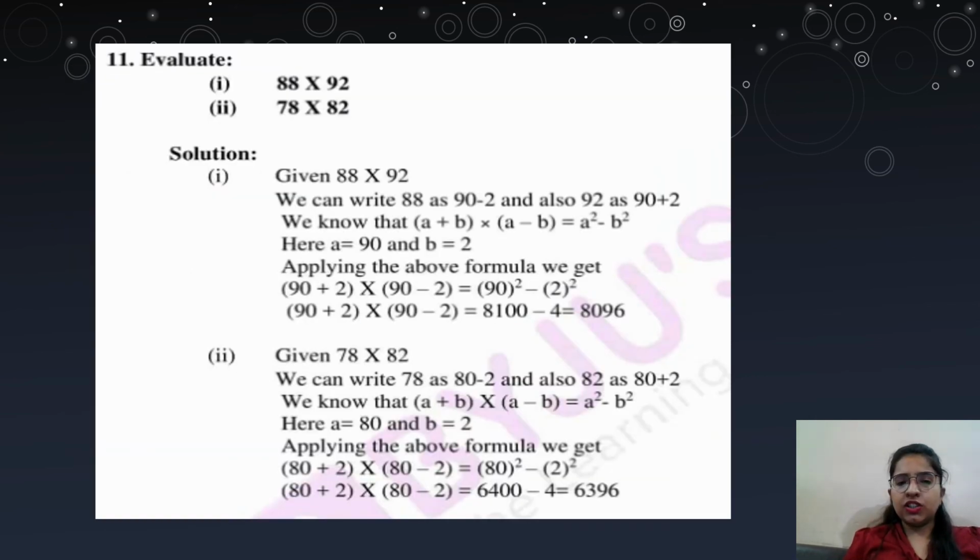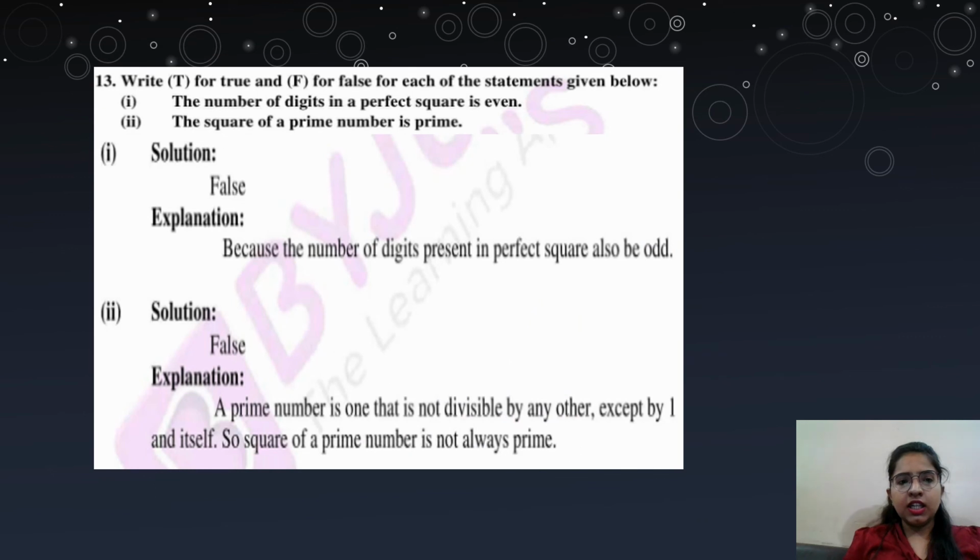Same evaluation, question number 11 you can try. And these are the true or false. Let's read. The number of digits in a perfect square is even. No, this will be false because the number of digits present in a perfect square can also be odd, not only even.